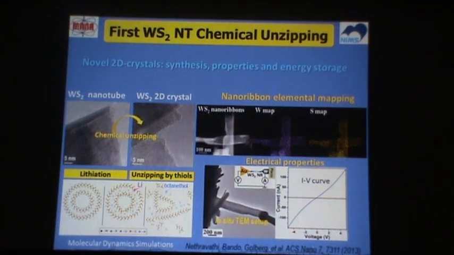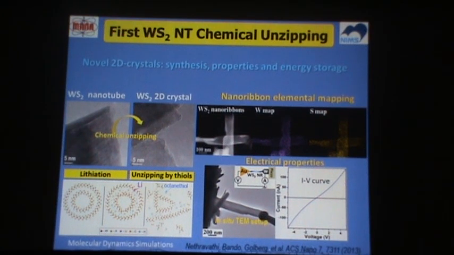We used tungsten disulfide nanotubes from Nanotube Research, and by using chemistry, we did this unzipping by tiles. And in the end, we have these very thin tungsten disulfide crystals. It means we just unwrap the tubes. So we can wrap the sheets to make tubes, and vice versa, you can unwrap the tube and make a sheet.